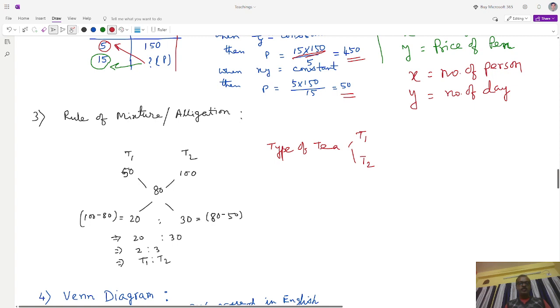If we simplify this ratio, we get 2 is to 3. So the shopkeeper has to mix these two types of tea, T1 taking 2 parts and T2 taking 3 parts, and mix them up. Then the shopkeeper will get the mixed tea at rupees 80.